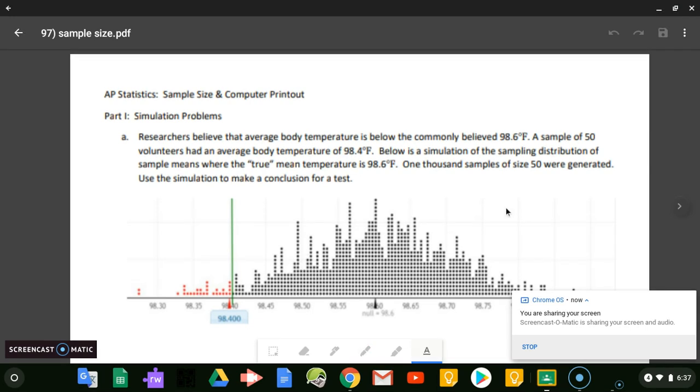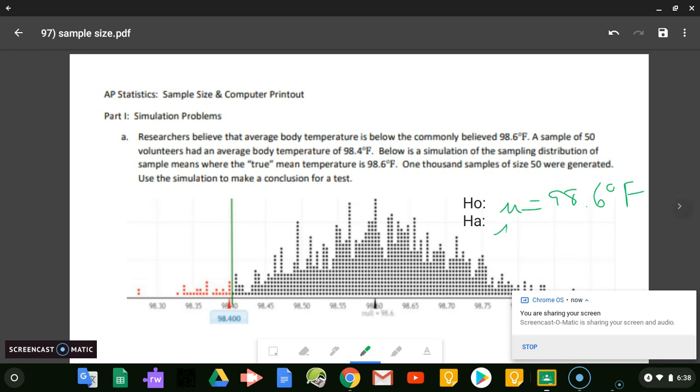So you want to think about the different pieces of a hypothesis test that you usually have. Usually you have the null and you have your alternative. Our null would be that the true mean was 98.6 degrees Fahrenheit.